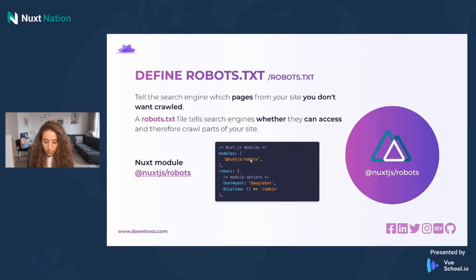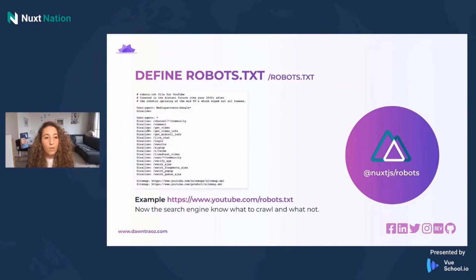that you want to disallow or whatever you want to do. So for example, if we see the case of YouTube, we will see that they are allowing everything from the media partners Google because they want to check how many people are going to log in or whatever. But for all other user agents, they are excluding these URLs, get video, comment, the ones that you can see here.